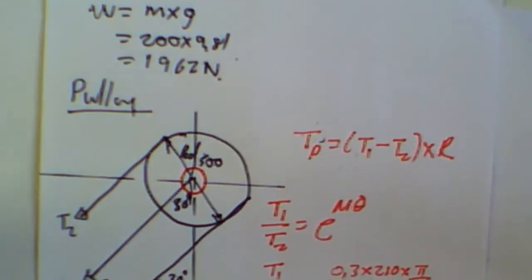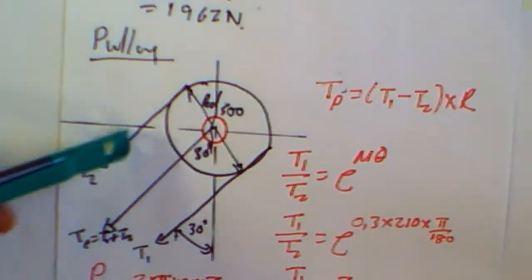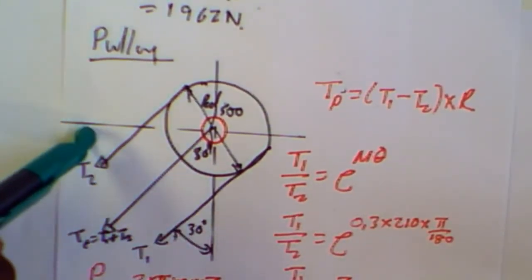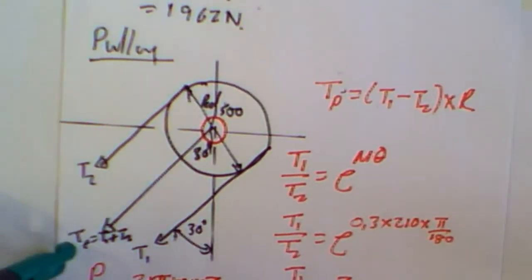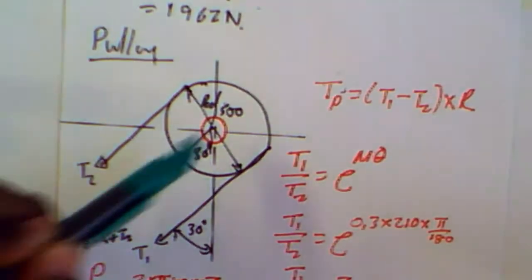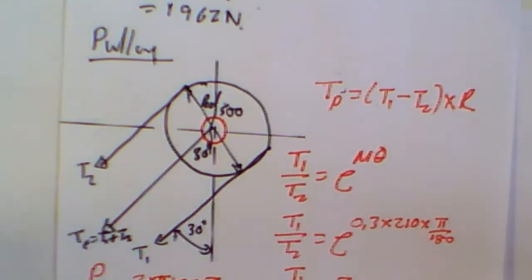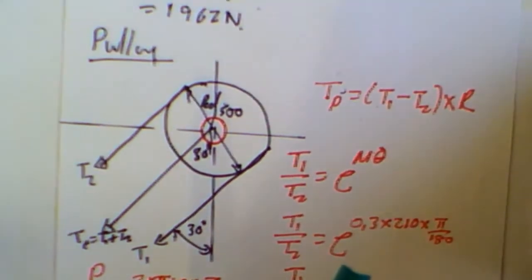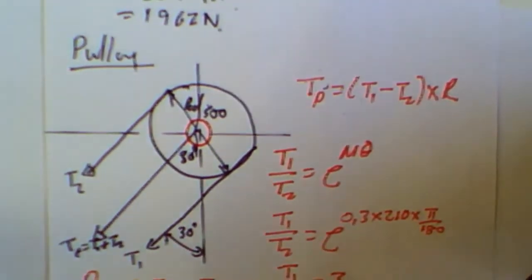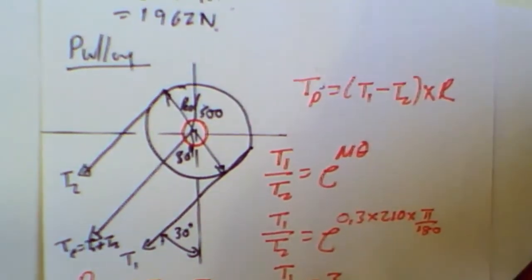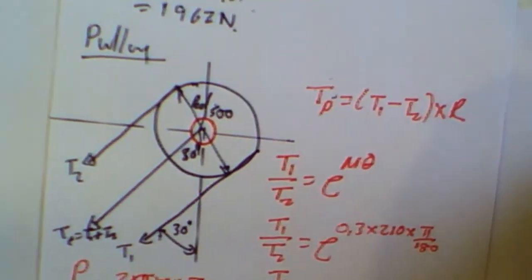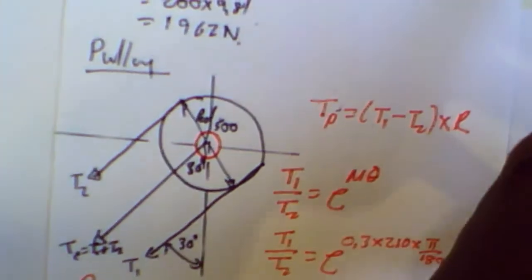Now I can go back and say, alright, since I know my two tensions, so I know the tension here and I know the tension there. If I add these two tensions, I'm going to get a total tension which is acting on my shaft. Then, to find my horizontal and vertical forces acting on my shaft, I would have to add the two tensions, correct?